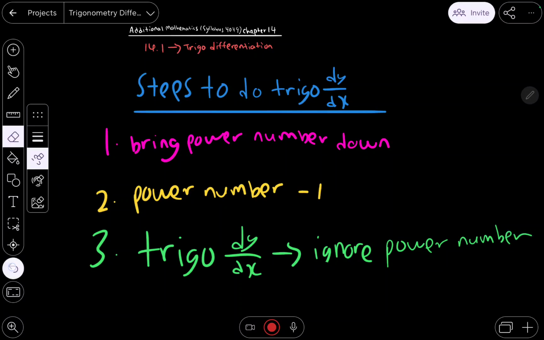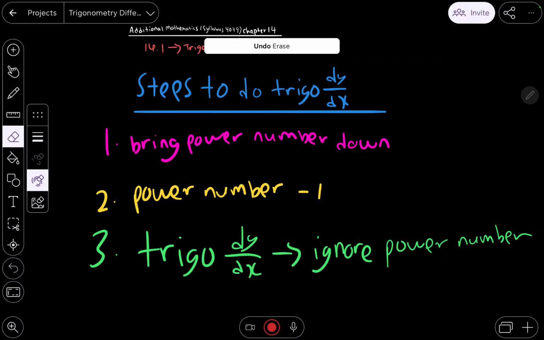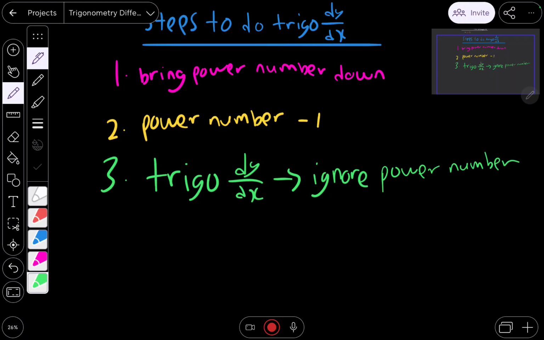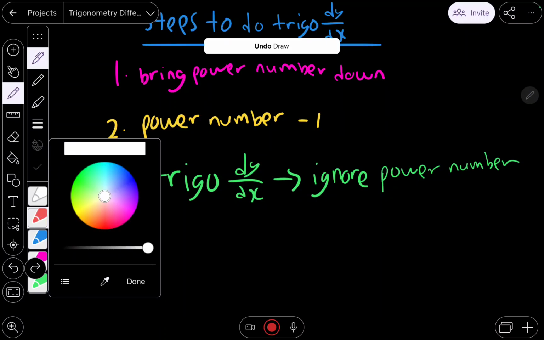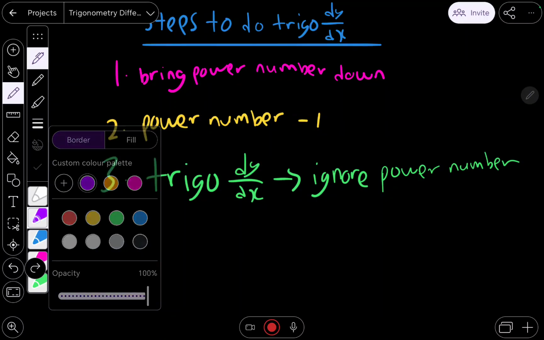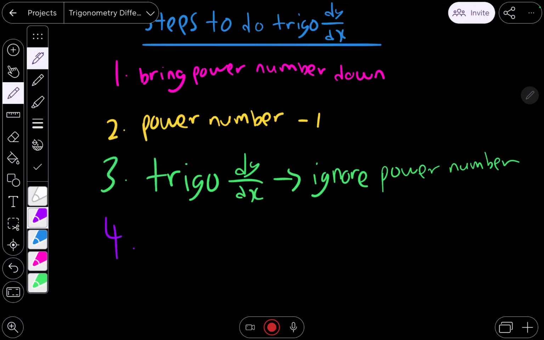And then, the fourth one, the last step. Okay, I'll switch the colors. Is to differentiate the inside bracket.